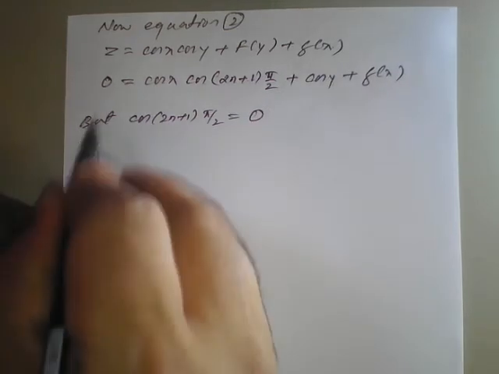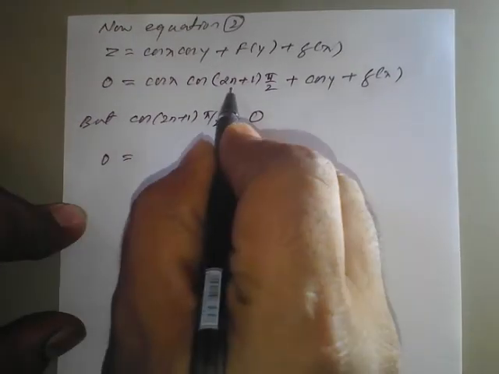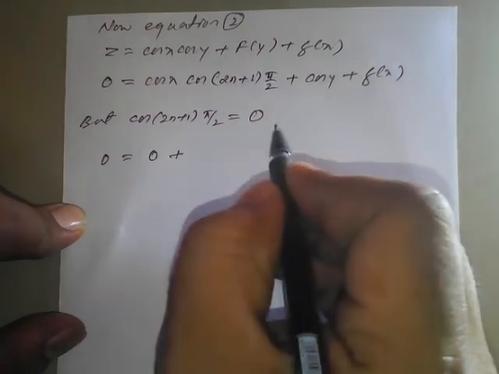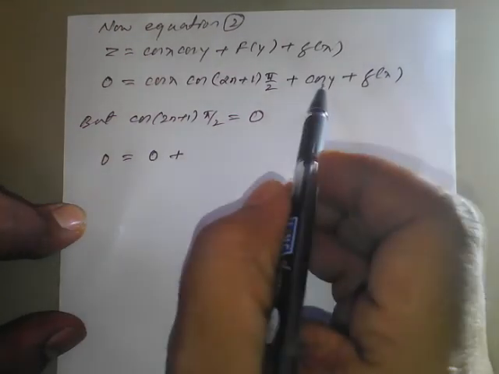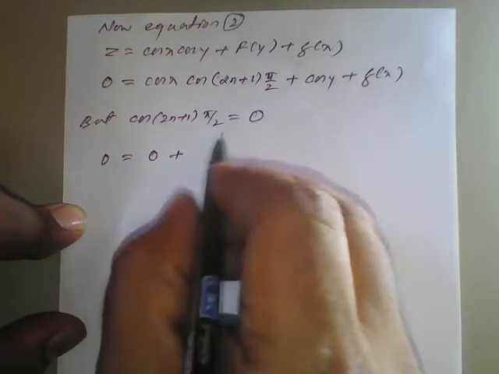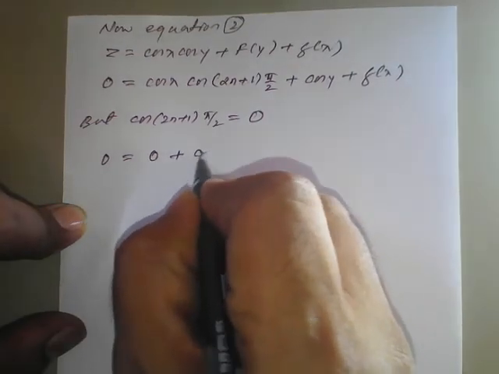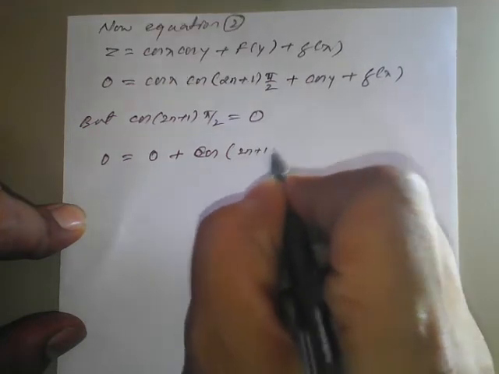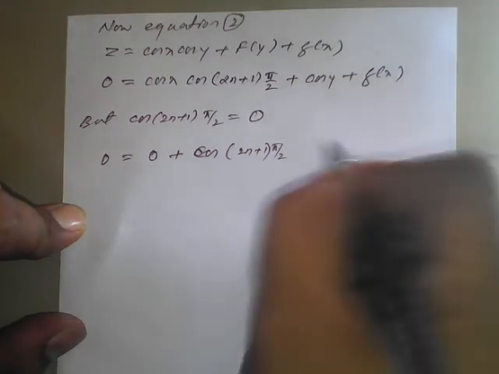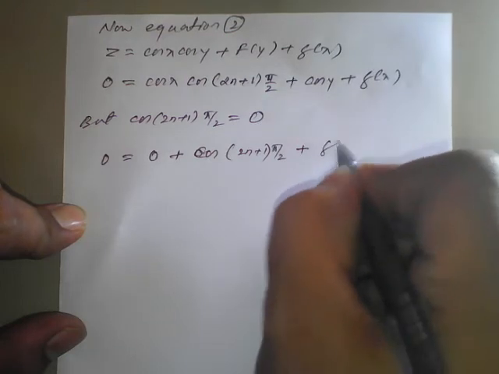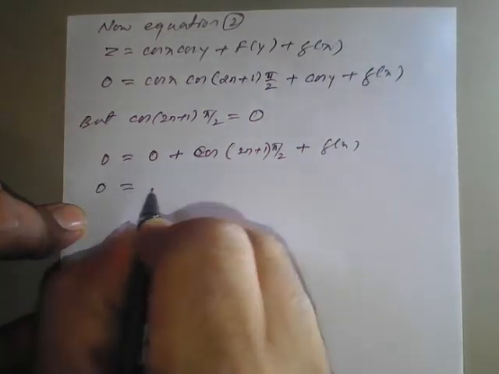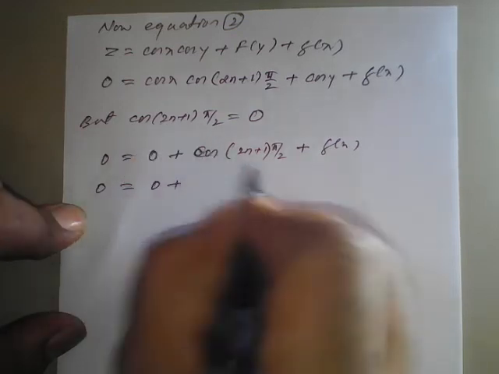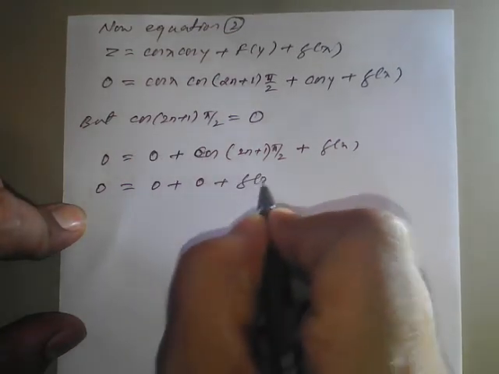So therefore this will become 0 is equal to 0 into cos of x, which is 0, plus here also we need to apply the value of y, that is cos of (2n plus 1) of pi by 2 plus g of x, which is nothing but 0 is equal to 0 plus, this is also 0 because cos of (2n plus 1) of pi by 2 is 0, plus g of x.